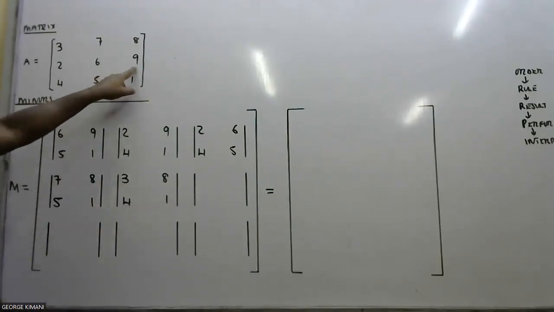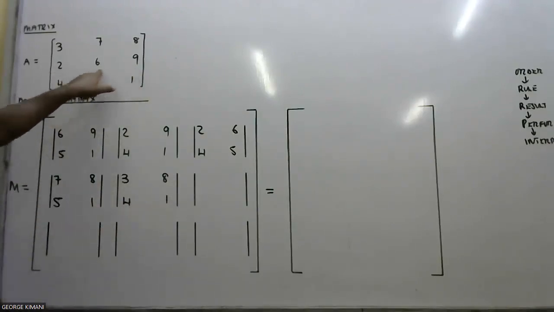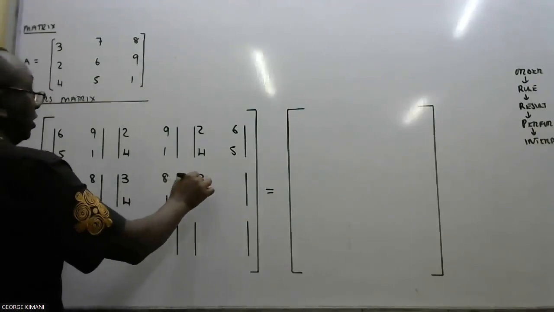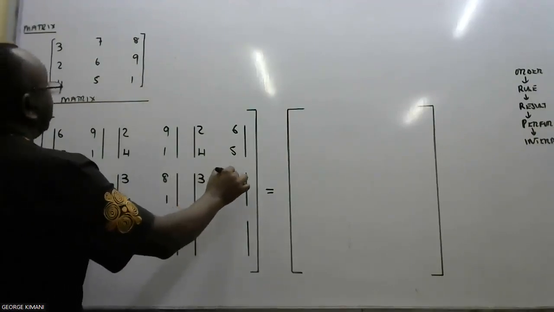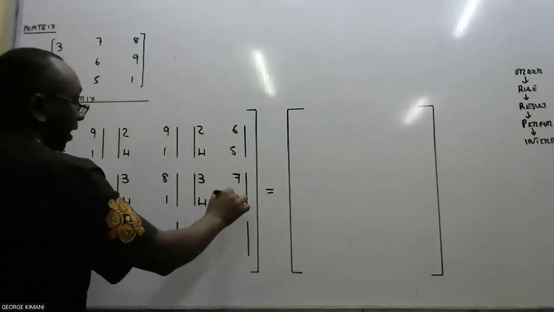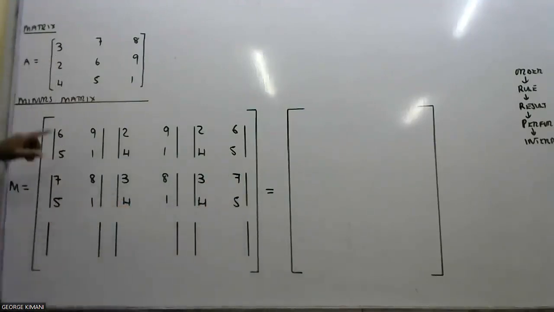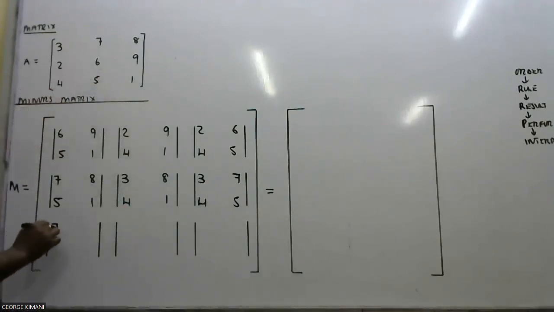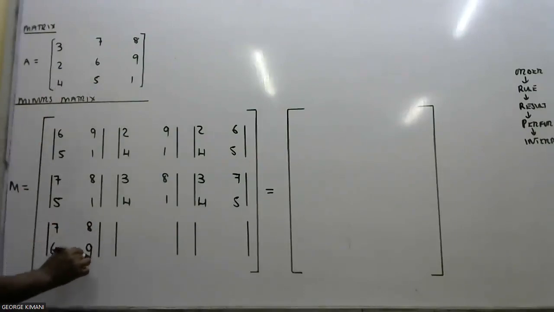Then when you come here, you drop the second row, third column. You have been left with 3, 7, 4, 5. When you come here, drop that row and the first column, you are left with 7, 8, 6, 9.